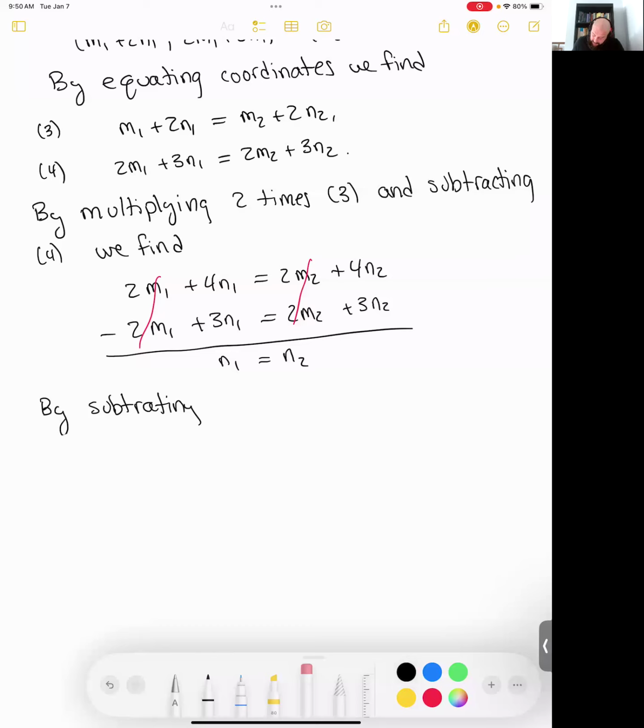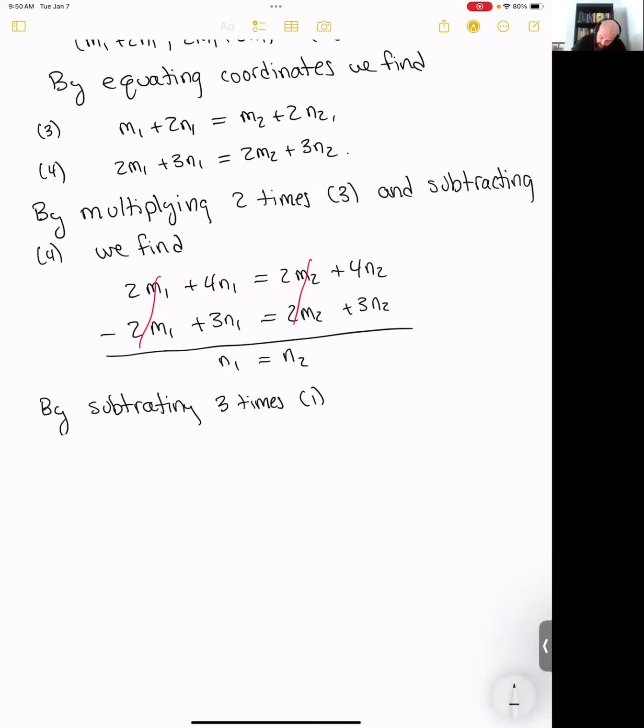I want to eliminate n1 and n2 by subtracting 3 times the first one, right? So 3 times equation 1 minus 2 times equation 2, be fine.